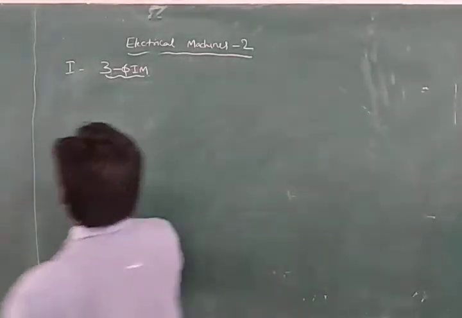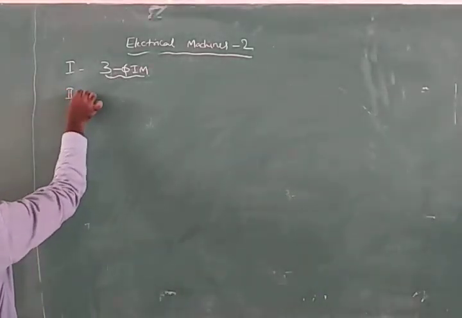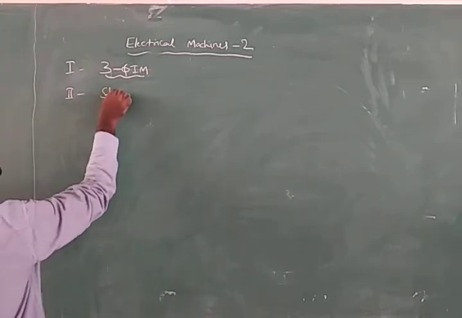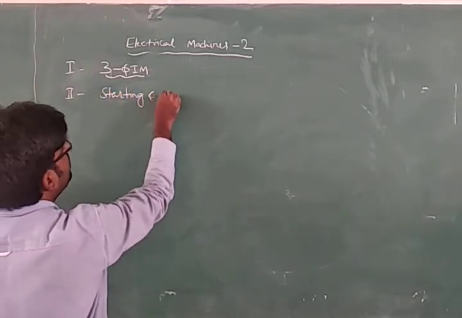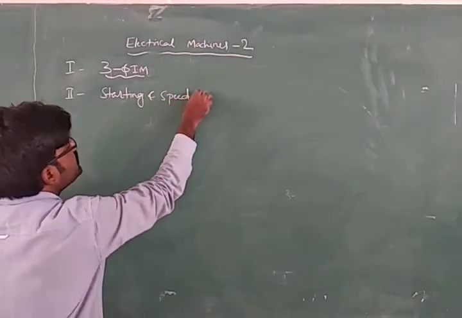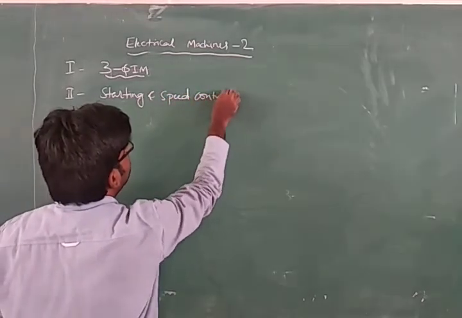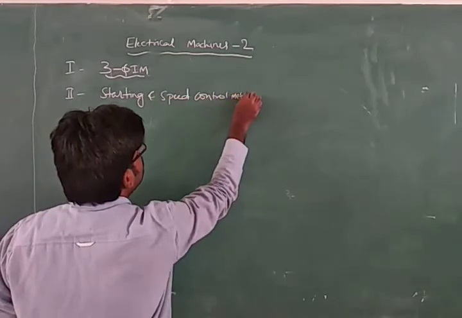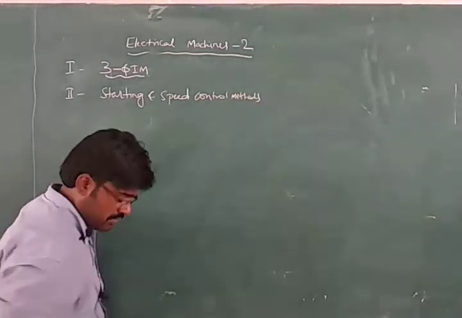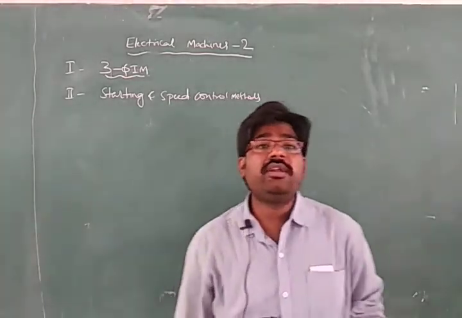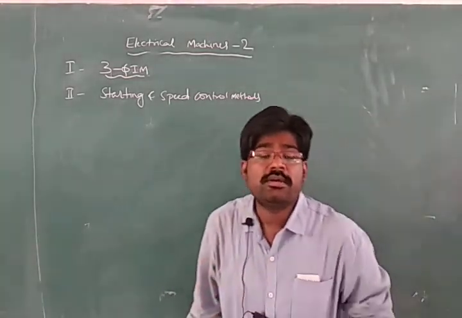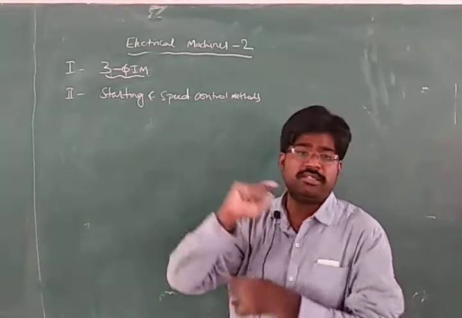Then the second unit is all about starting and speed control methods. In this unit we will be studying the different types of speed control methods of the induction motor.